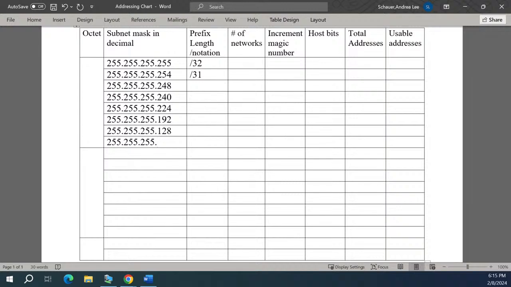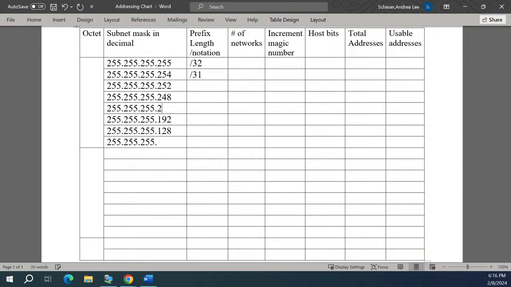I think I screwed this up. 1, 2, 3, 4, 5, 6, 7, 8. Okay, what's this one? Why is this not looking right? What have I done wrong? You're right, I missed 252. Look, don't copy my work, you'll get it wrong. I could tell something wasn't right.